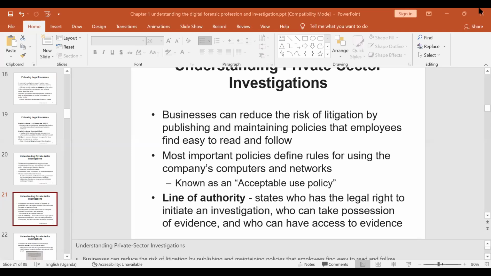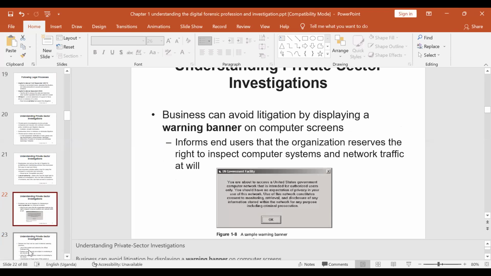You can download it. So here we can understand what our investigation is, our lines of authority. And of course, you'll see that in the book, there are case studies as to how they handle them.